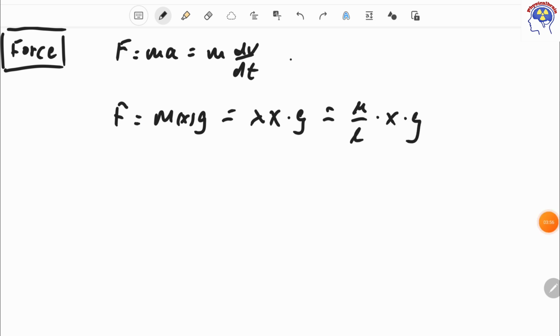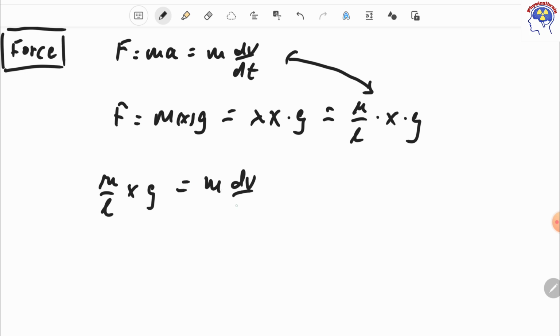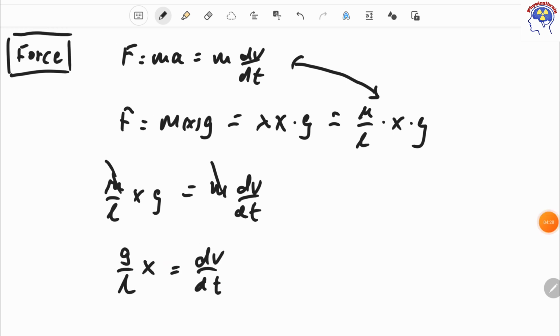If we equate these two sides of F, we will get m/L times xg equals m dv/dt. We can see that m disappears here.